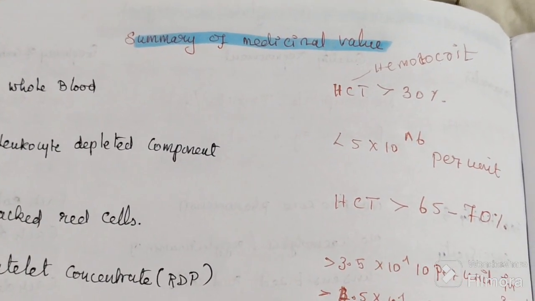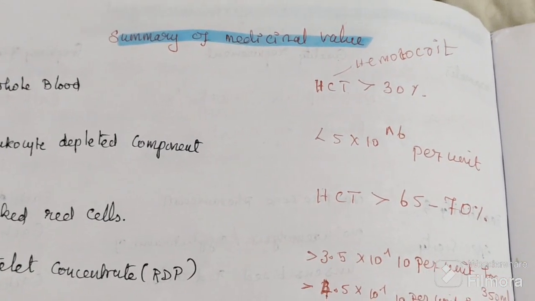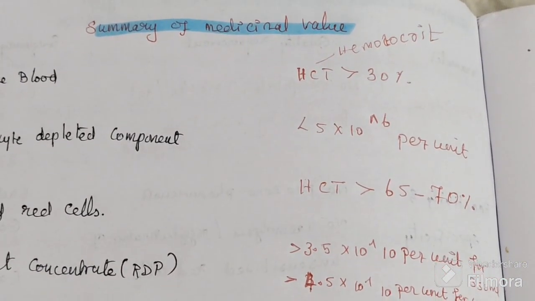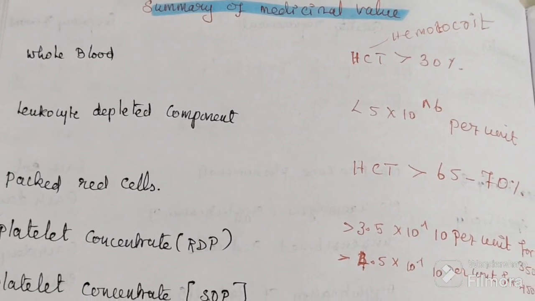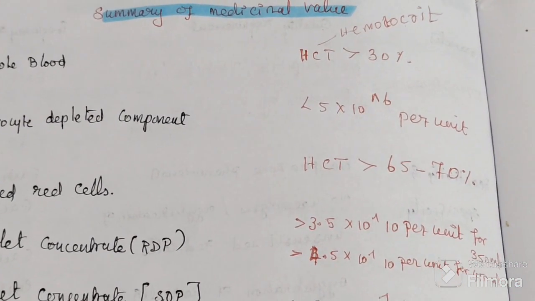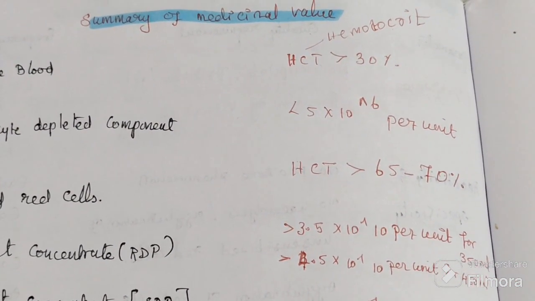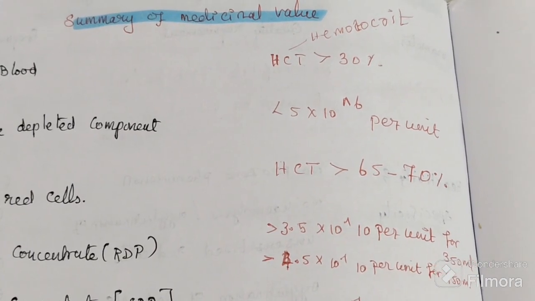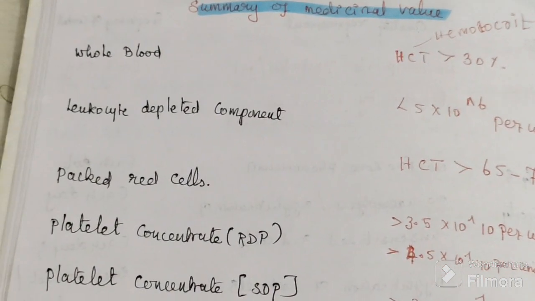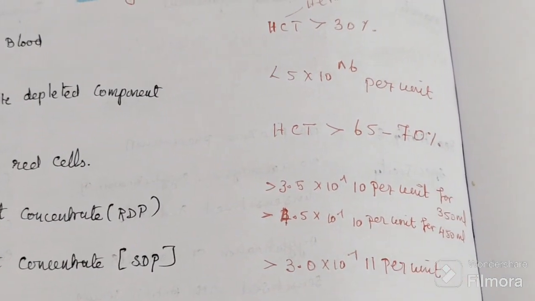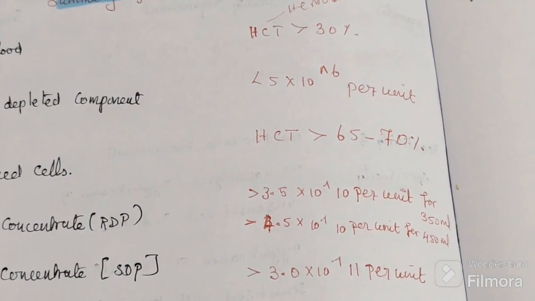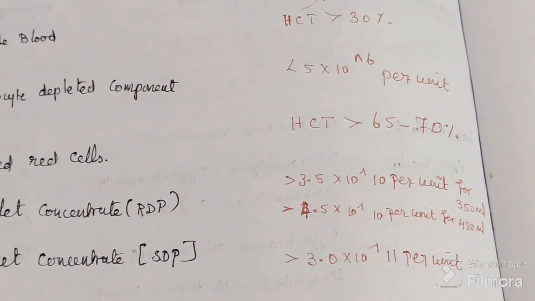Summary: whole blood hematocrit more than 30 percent. Leukocyte depleted component less than 5 x 10 raised to the power 6 per unit. Packed red cell hematocrit 65 to 70 percent.